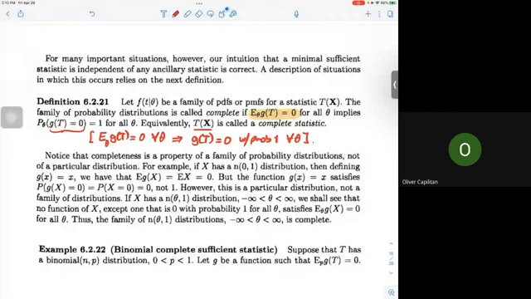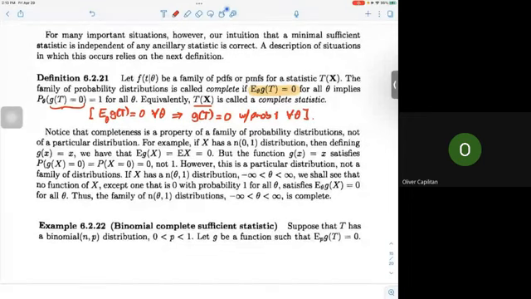Based on our definition, completeness is a property of a family of probability distributions, not of a particular distribution. For example, if X has a normal distribution with mean 0 and variance 1, in other words, X is completely specified. We have no parameter here for our random variable X. Then if we define our function g of X equal to X, our function g is simply the identity function.